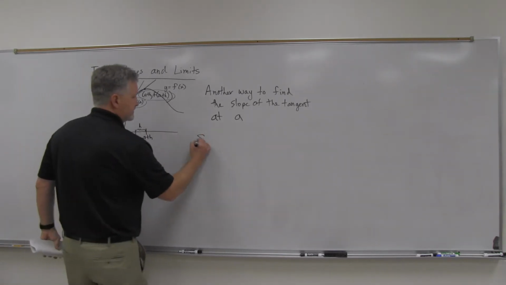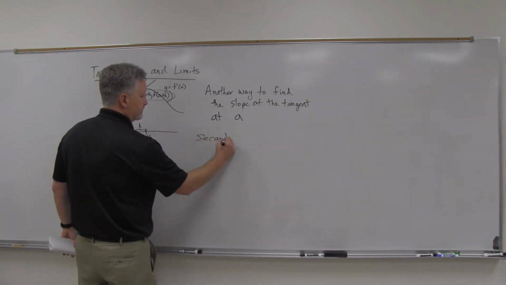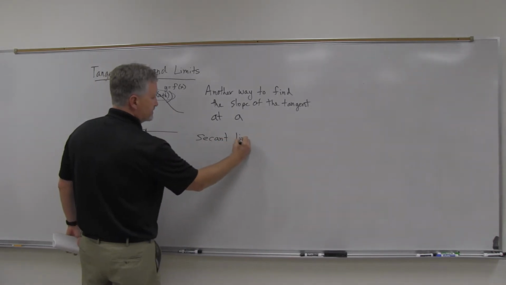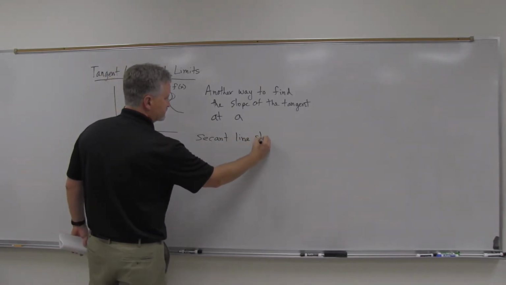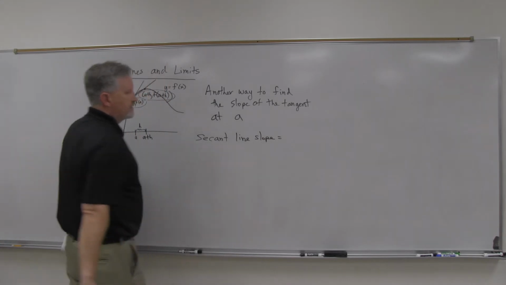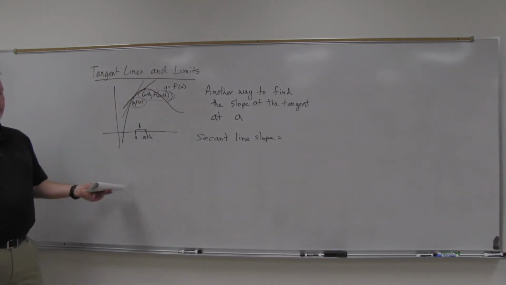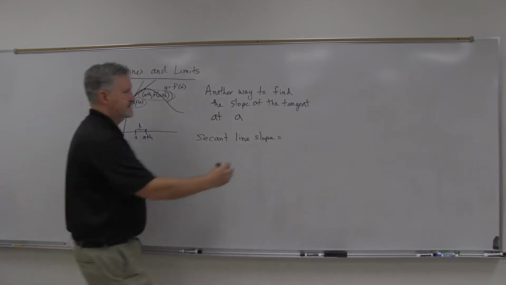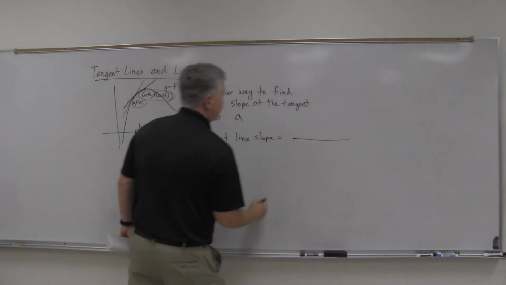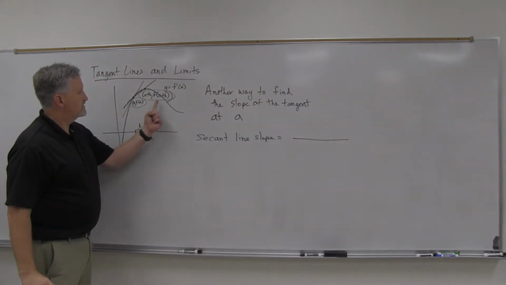So my secant slope then, doing those points like that, the secant line slope would be difference of the y's over difference of the x's. y2 minus y1 over x2 minus x1. Well, what's my second y?